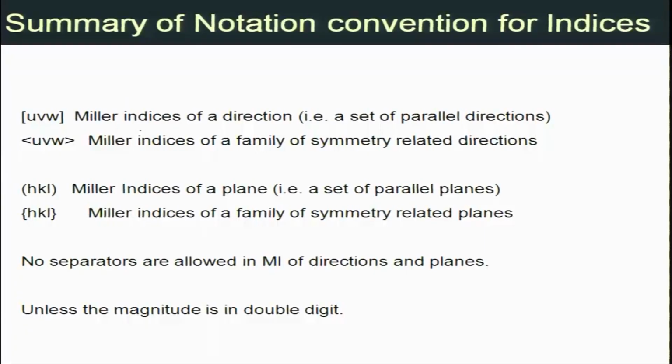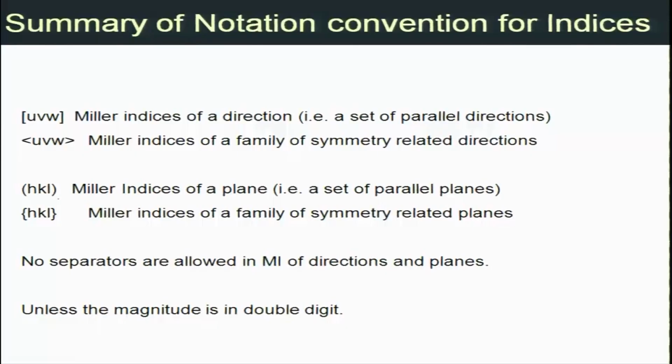Okay. So, to summarize, we have learnt about the direction [uvw], which are Miller indices of a direction, which is nothing but a vector, and <uvw> in angular brackets is Miller indices of a family of symmetry related directions. So, since cubic is the most symmetric system, all of them happen to be of the same type, but in tetragonal system they become different.